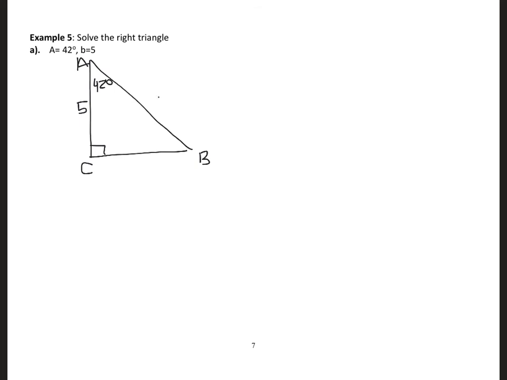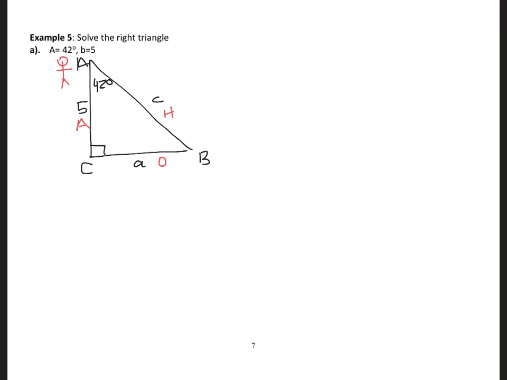So we are going to look for side C, and we are going to look for side A. So where do we start? Let's name the sides. Based on the angle, that's where you are. So this is opposite, this is adjacent, and this is hypotenuse.